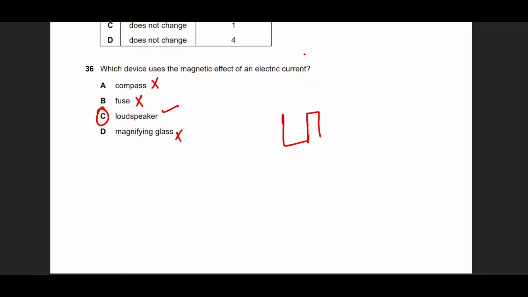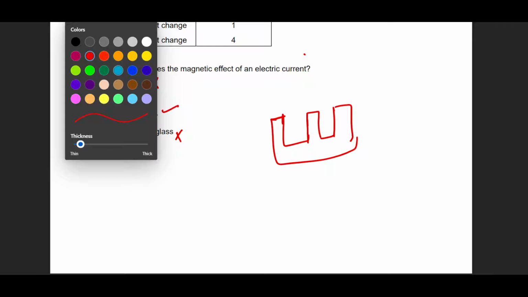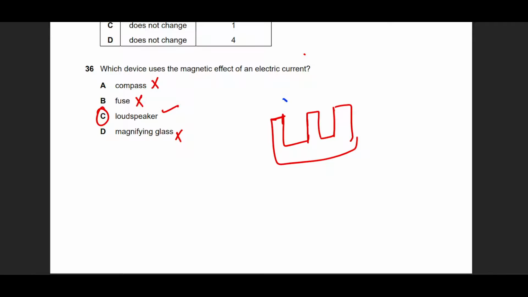We have a permanent magnet at the center, right? We have a coil like this, which is connected to the supply.